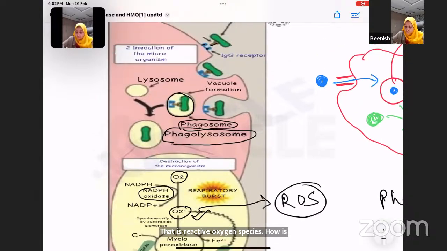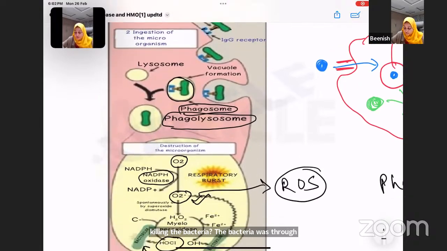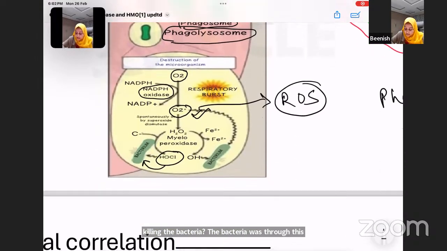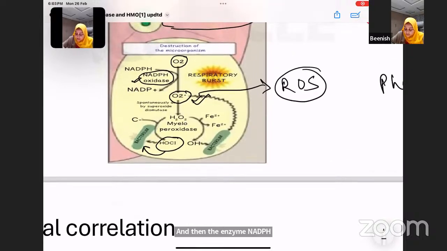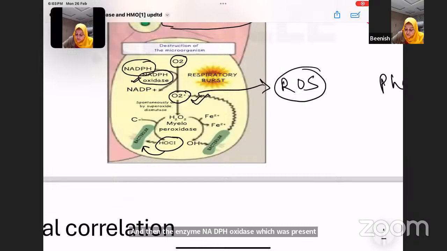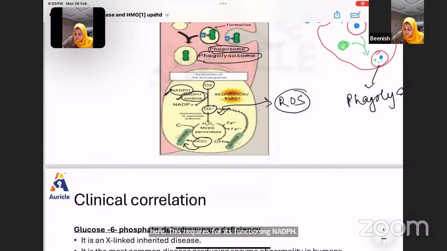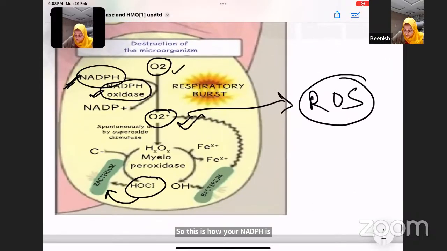The bacteria was phagocytosed through this cascade of events, and then the enzyme NADPH oxidase, which was present here, requires NADPH for its functioning. So this is how NADPH is involved in converting molecular oxygen into reactive oxygen species, which has bactericidal function on its own, and it also has bactericidal function by forming hypochlorous acid.